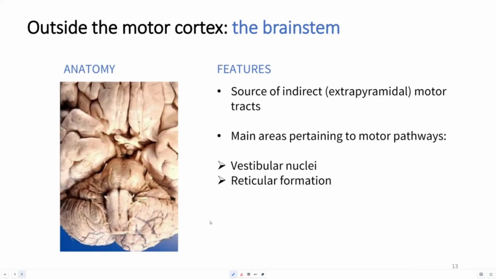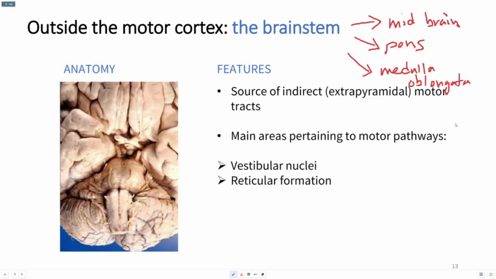The brainstem. The brainstem is a bidirectional passageway for all tracts ascending from the cerebrum, the midbrain, the cerebellum, to the spinal cord. It is composed of the midbrain, the pons, and the medulla oblongata. This is the main source of indirect extrapyramidal motor tracts, and it contains 2 very important nuclei and neurons called the vestibular nuclei and the reticular formation.